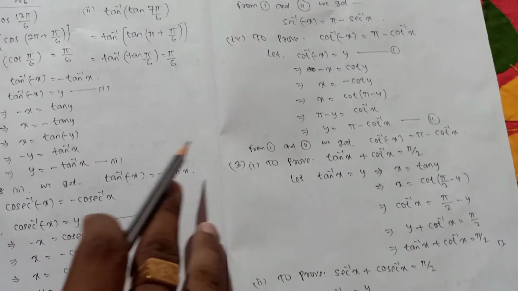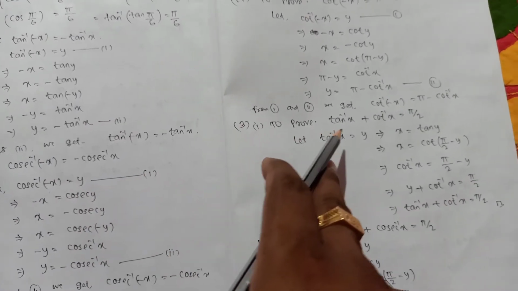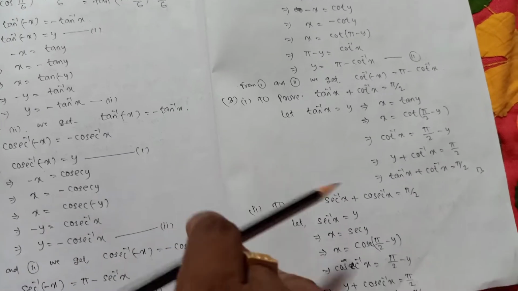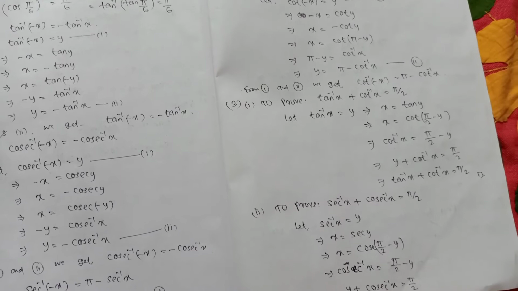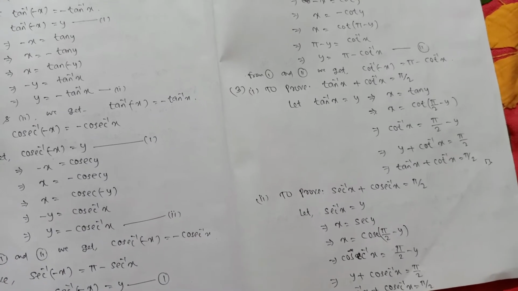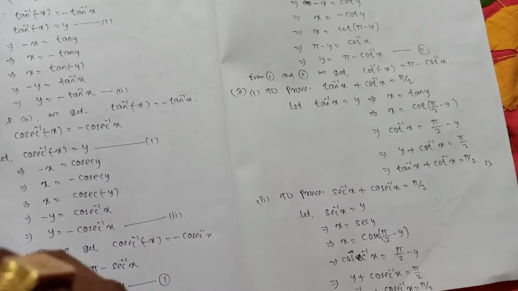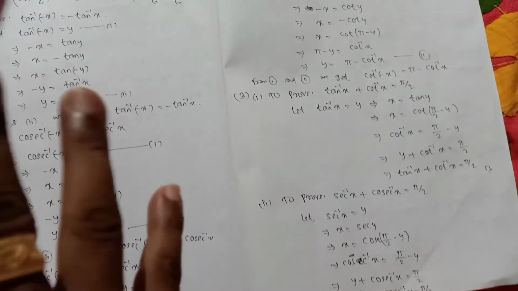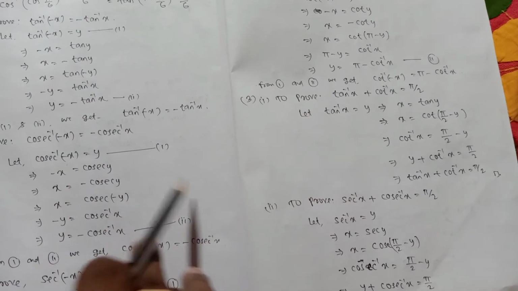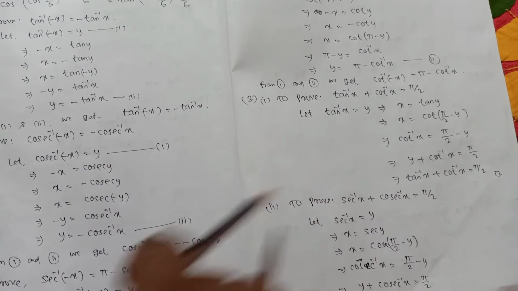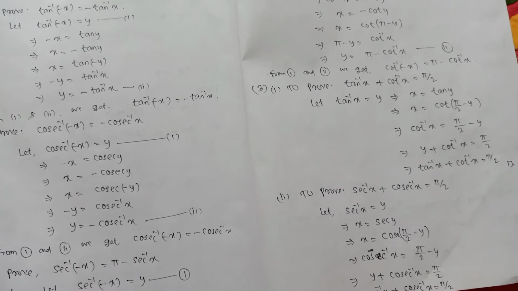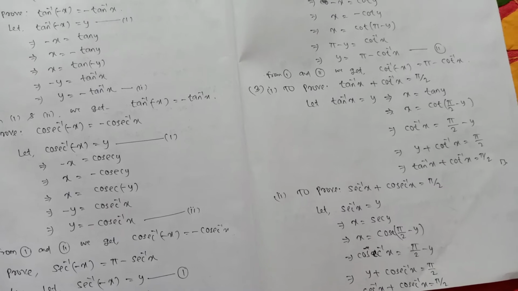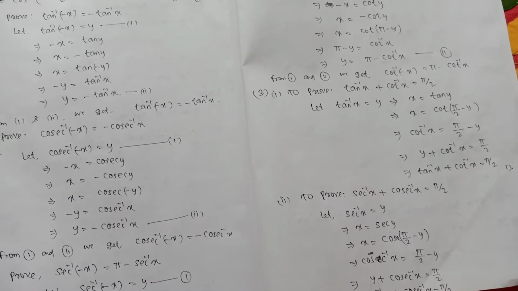Then two other types of problems are also there. One is tan inverse x plus cot inverse x is equal to pi by 2, and the other is sec inverse x plus cosec inverse x is equal to pi by 2. How to remember? Just observe that tan inverse and cot inverse have the same domain, the set of real numbers. Sec inverse and cosec inverse also have the same domain, that is R minus the open interval (-1, 1).